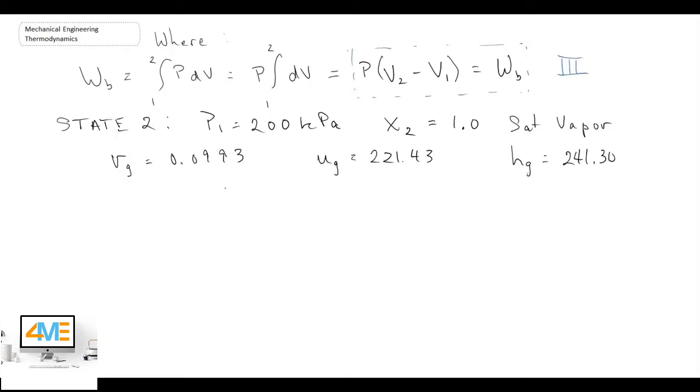First thing we can do is calculate the volume at 2, just like we did for the volume at 1. We know the mass and we know the specific volume at 2. With that, we can then calculate the boundary work using equation 3.